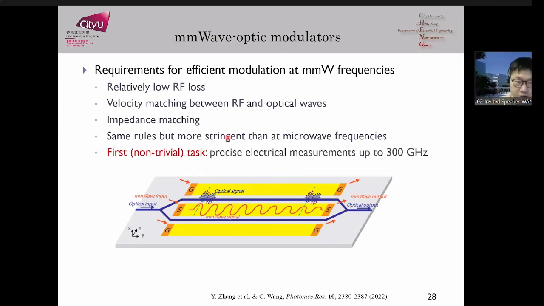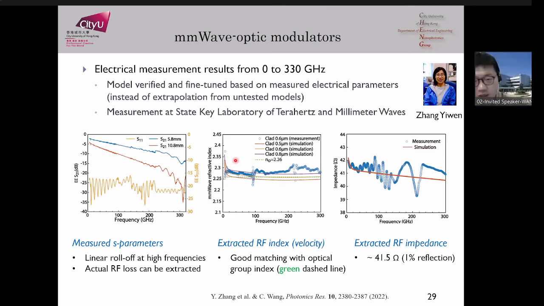The more difficult part is that even taking precise electrical measurements of these things is difficult at 300 gigahertz, and most of the previous work has been based on untested extrapolation from models at low frequencies, right? So we took advantage of our laboratory for terahertz and millimeter waves, and we measured the electrical performance up to 300 gigahertz. That allows us to extract the actual RF loss, the real velocity, and the impedance, to fine-tune our models.